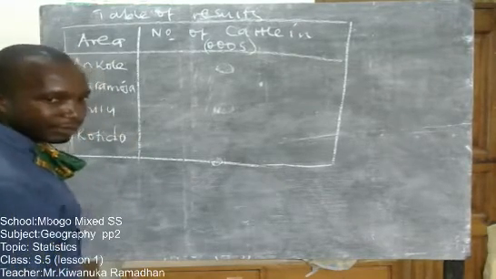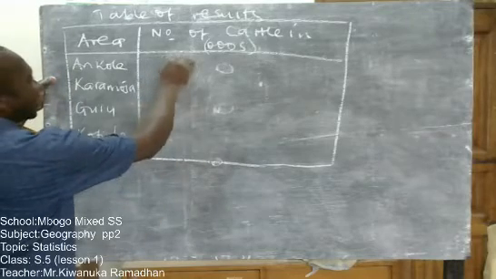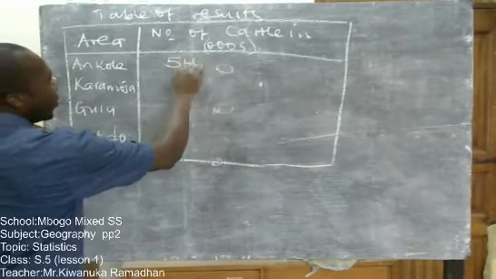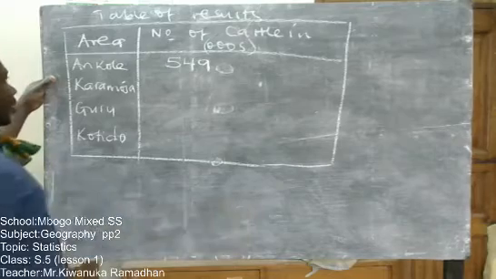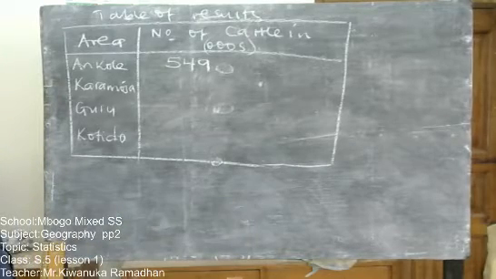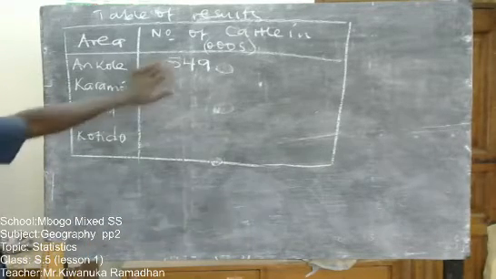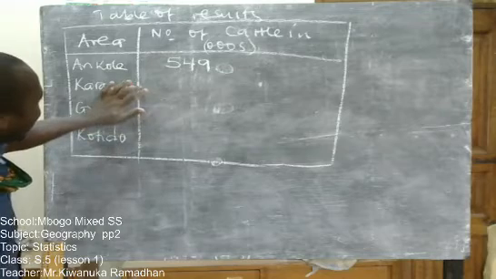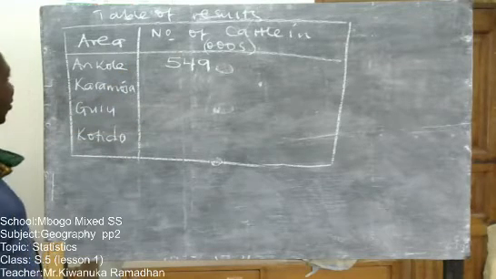Ankole was 549. This initial value, you leave it there. We are going to add Karamoja's value to the value of Ankole.